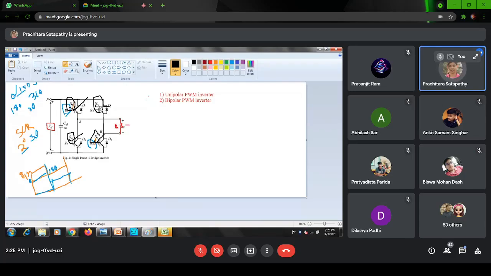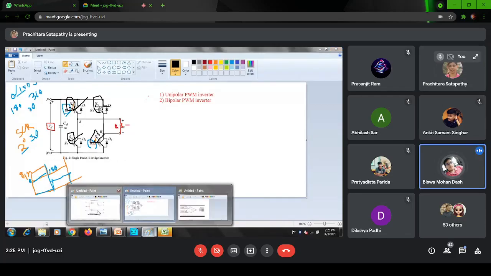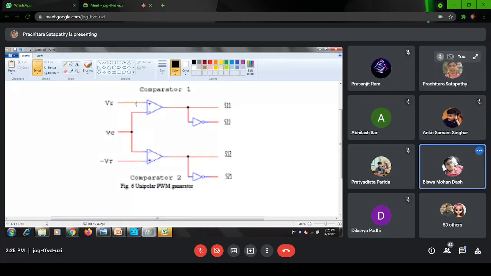Instead of using one carrier, here you are using two references. Ma'am, one KVL for S1, S4, another one for S2, S3? One KVL? Which KVL? Ma'am, you said two KVLs will be used. So S1 and S2 will be on at a time, but for some periods S1 will be there and S2 will not be on, because all the pulses are different.